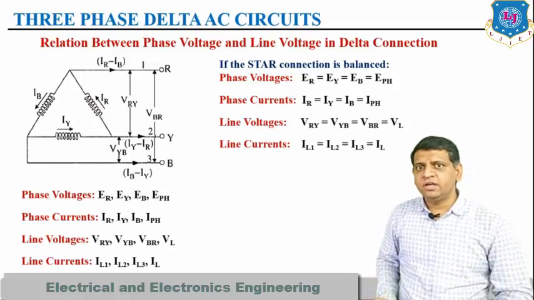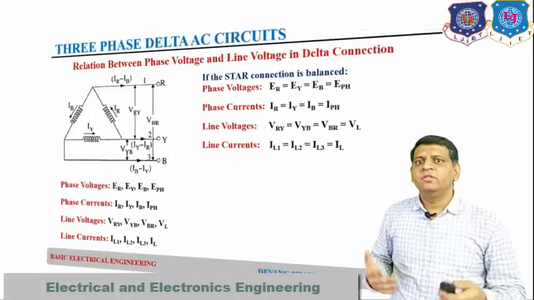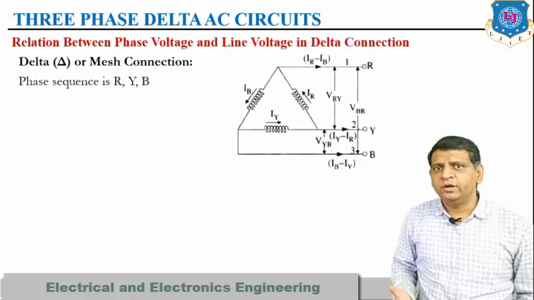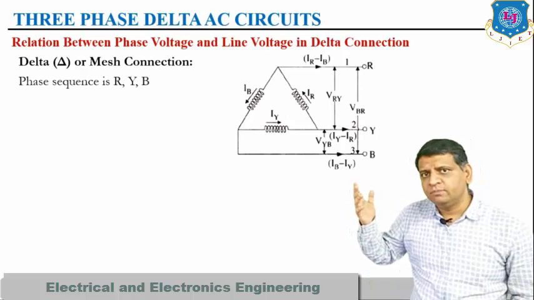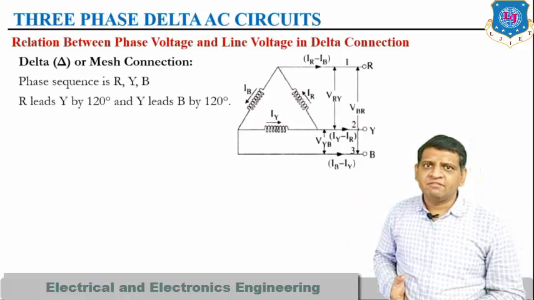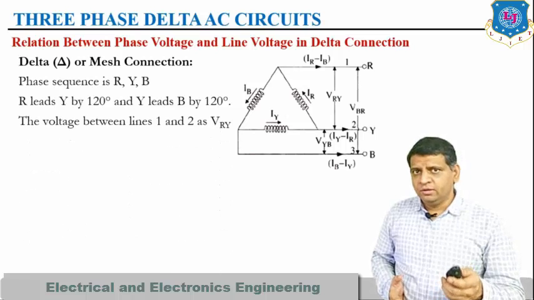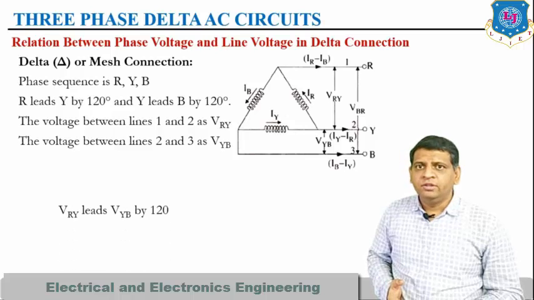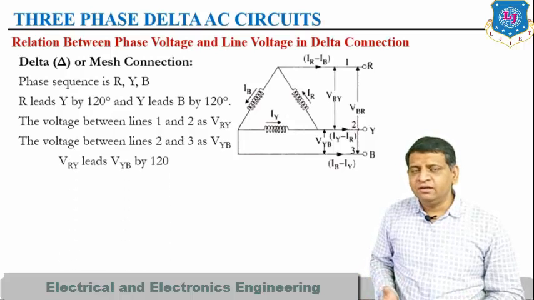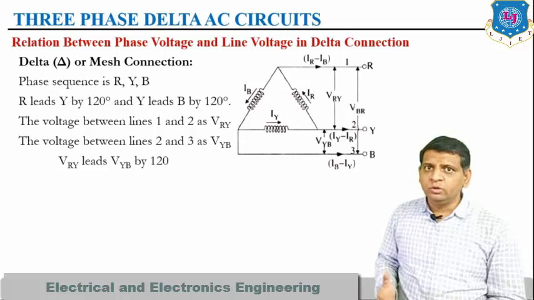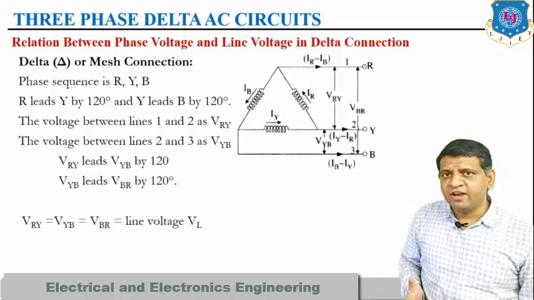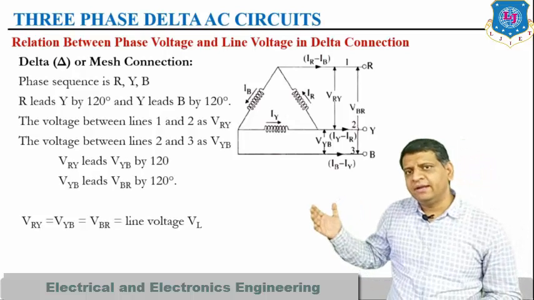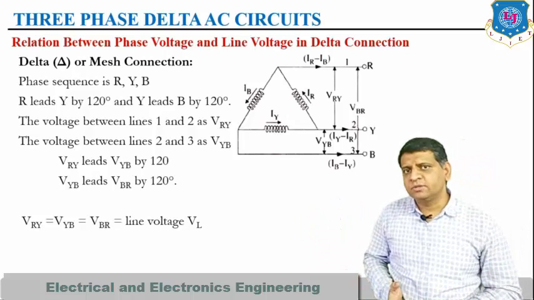Now with this consideration, our next job is to find the relationship of voltages and currents, right. This is a mesh or delta connection. You can see from the circuit there are 3 phases R, Y, B, all 120 degrees apart from each other. The line voltages VRY, VYB, VBR are the same as the line voltage VL. All the line voltages are the same because the system is completely balanced.